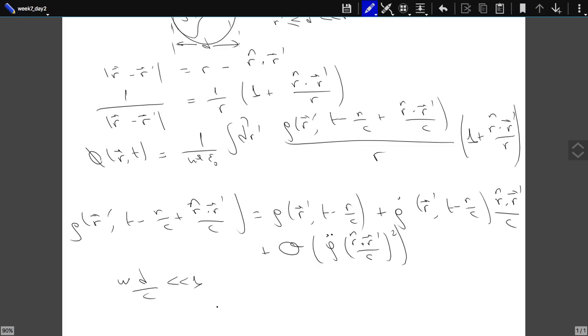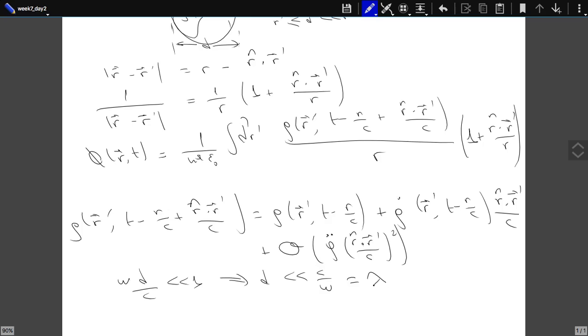This is c, the cosine is something less than 1. So if this condition is satisfied, those terms are automatically negligible. And this tells me that d should be less than c over omega, which is, sorry, don't forget your question, which is lambda.